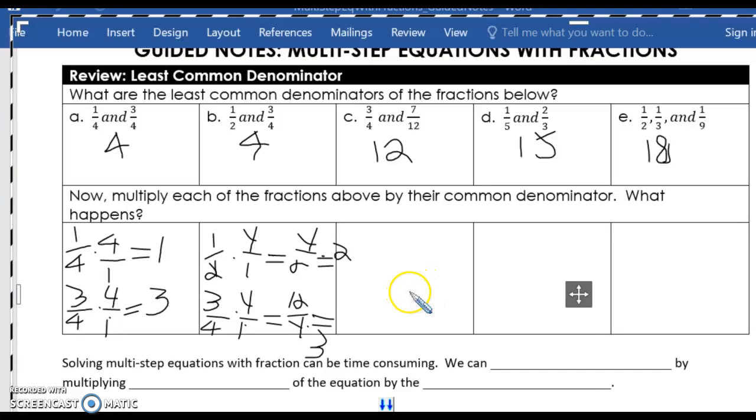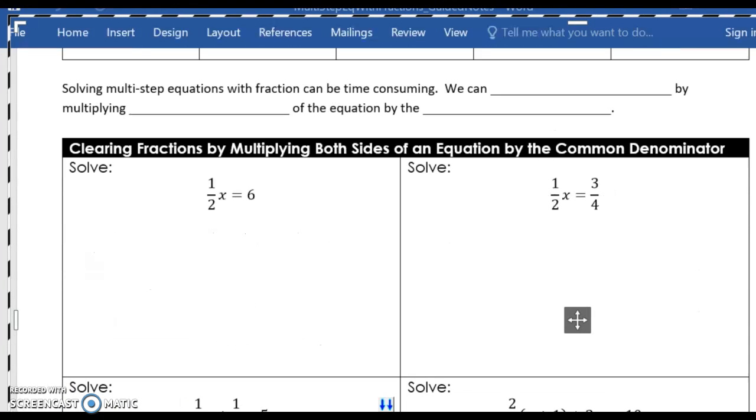Pause the video and you try C, D, and E. As you can see, multiplying by the least common denominator eliminates the fraction. Solving multi-step equations with fractions in them can be time-consuming.